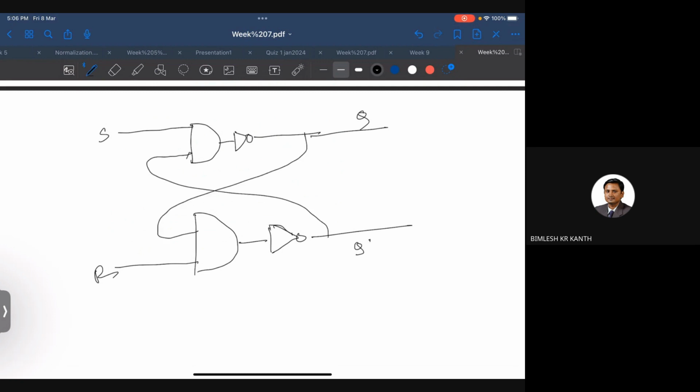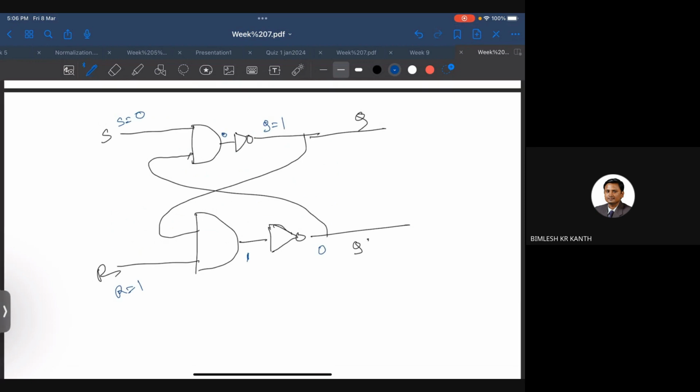Now, when S equal to 0, R equal to 1, then it will be 0 here, and it will become 1, right? And Q equal to 1, so 1 1, it will be 0. Again it will be 0, so Q equal to 1, and R, it will be the same.